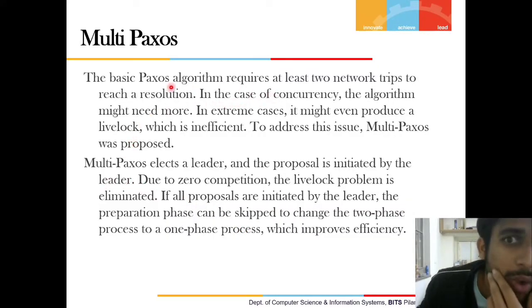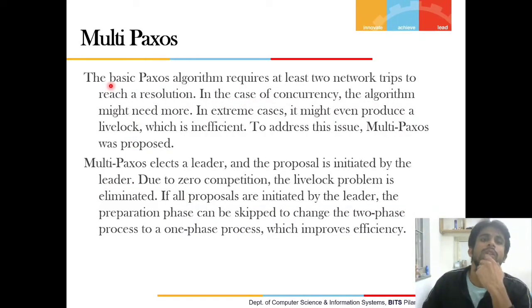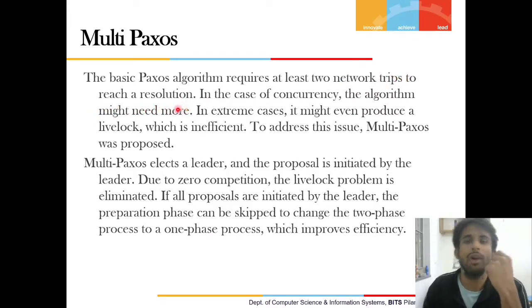So now we are going to discuss multi-Paxos. We saw in our last slide that basic Paxos is not sufficient. Basic Paxos requires at least two network trips to reach a resolution: one network trip for the prepare and promise messages, and the second for the accept and accepted messages.